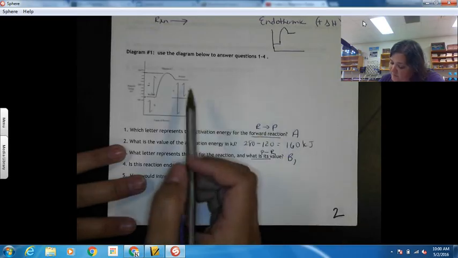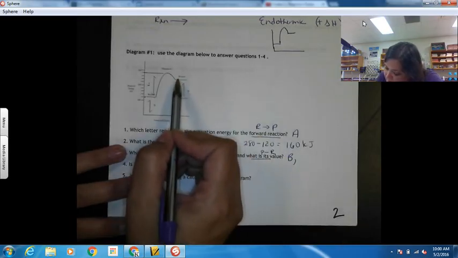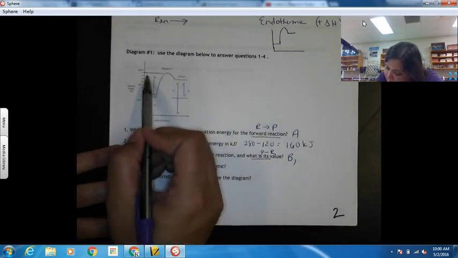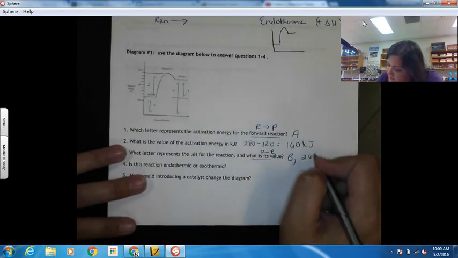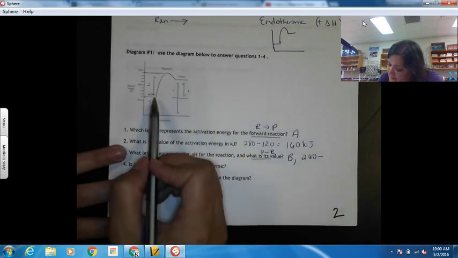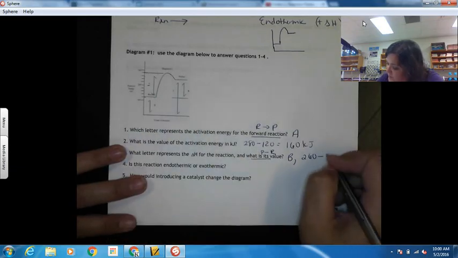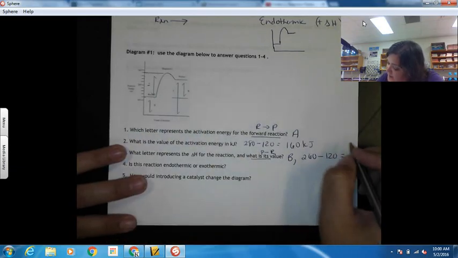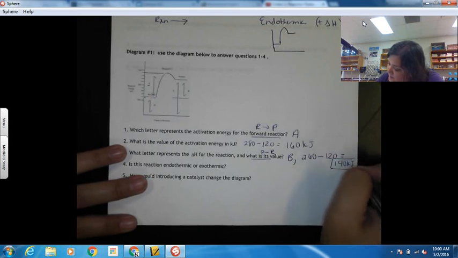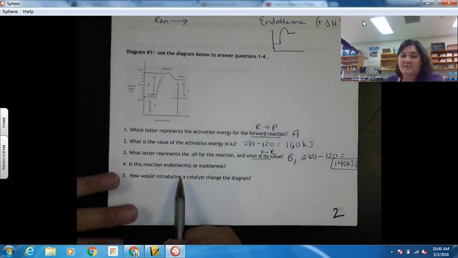So we find the product energy, is that right about here? So that's 220, 40, 60. So 260 minus the reactant's energy, which we said before was 120, and we get 140 kilojoules.